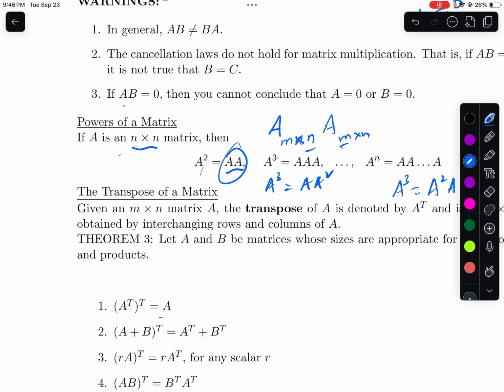So we have a theorem for the transpose. Let A and B be matrices whose sizes are appropriate for the following sums and products.